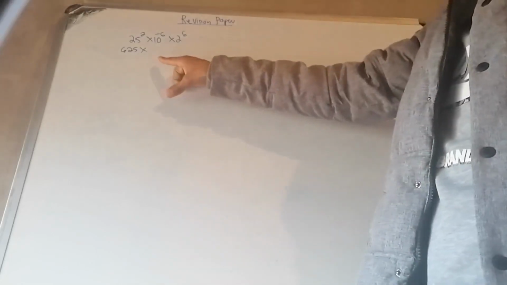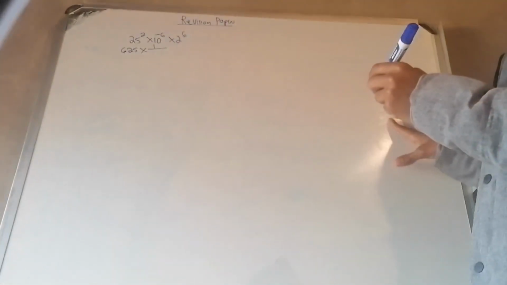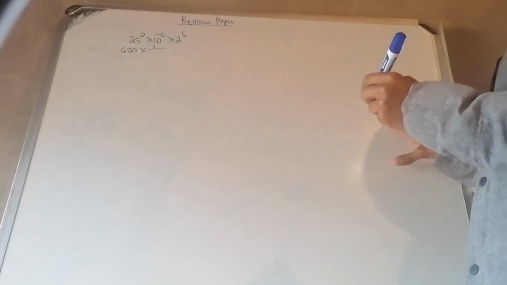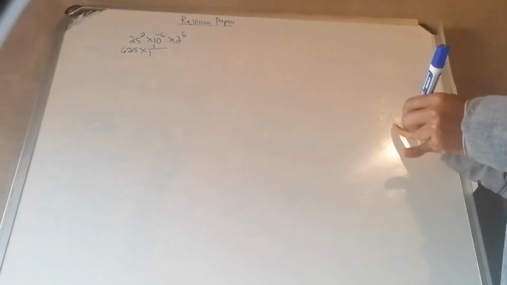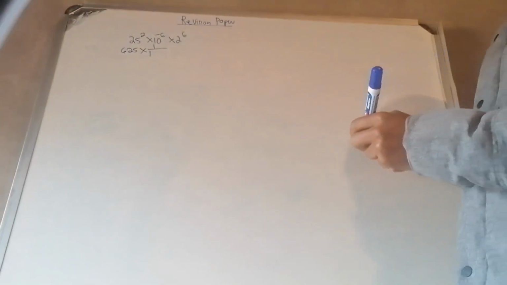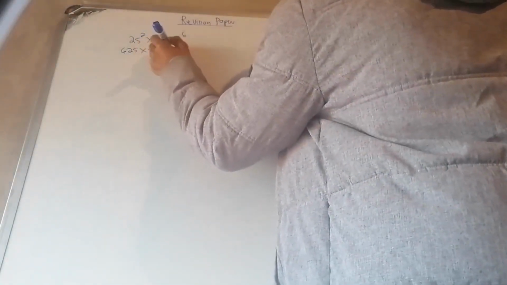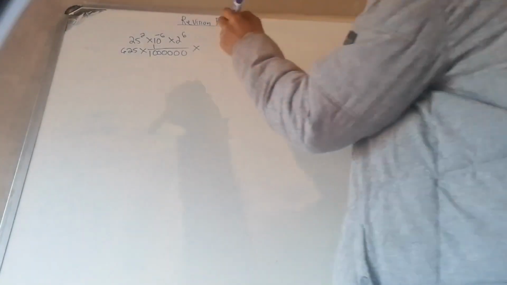What is 10 to the exponent minus 6? It is 1 over a million: 1, 2, 3, 4, 5, 6 zeros. And 2 to the exponent 6 is 64.